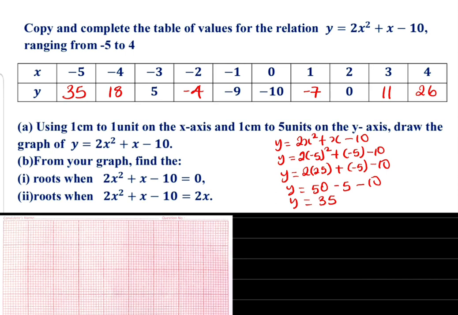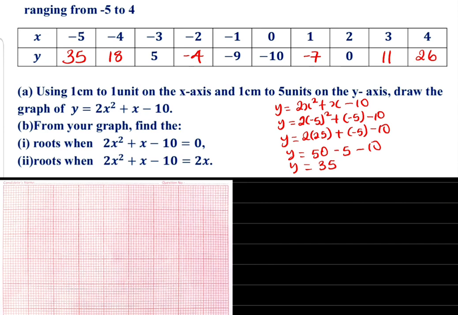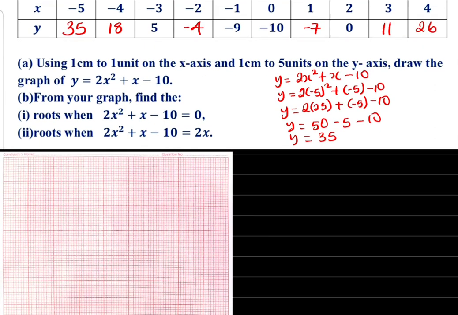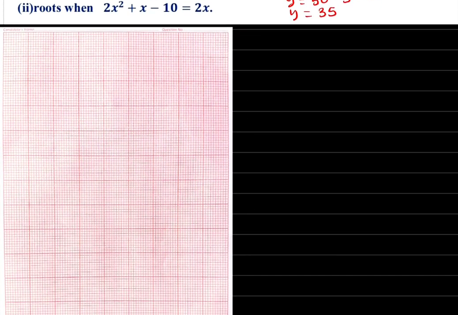Using 1 centimeter to 1 unit on the x-axis and 1 centimeter to 5 units on the y-axis, draw the graph of y is equals to 2x squared plus x minus 10. So we will do it now. Okay, so we'll come down to our graph. So the first thing we need to get is our x and y axis.